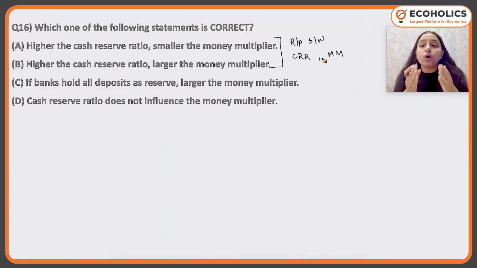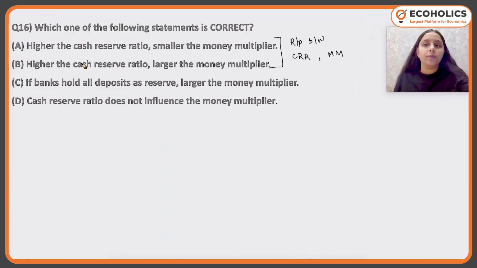Let's say CRR is 20%, just a hypothetical example. It means out of the 100 rupees you're receiving, 20 rupees you have to keep with yourself as a bank in reserve, in cash form, in liquid form, and only 80 rupees you can lend out to the person who is coming for borrowing. So that is CRR. So the first two options are quoting a relationship between CRR and money multiplier, MM.